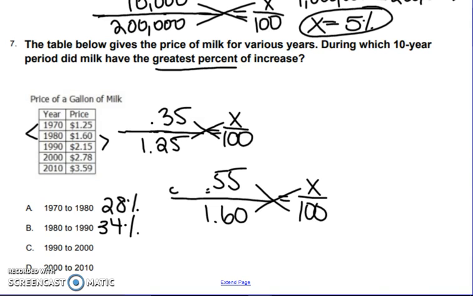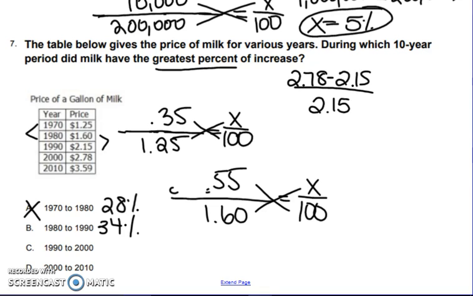Now, let's go back to the question. During which 10-year period did milk have the greatest percent of increase? Just by that, I know I can eliminate answer choice A. Let's take a look at answer choice C. I'm going to go through this quickly because I'm running out of time. It says from 1990 to 2000, so that leaves me with $2.78 minus $2.15.